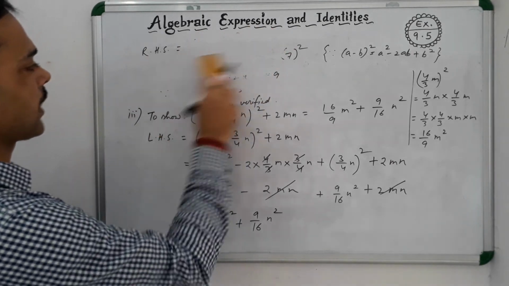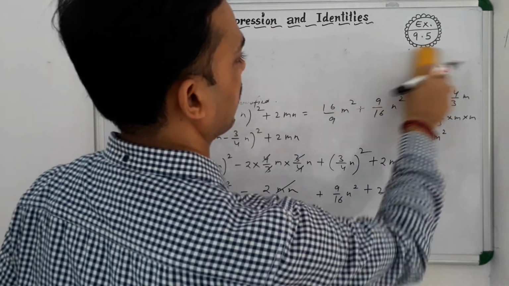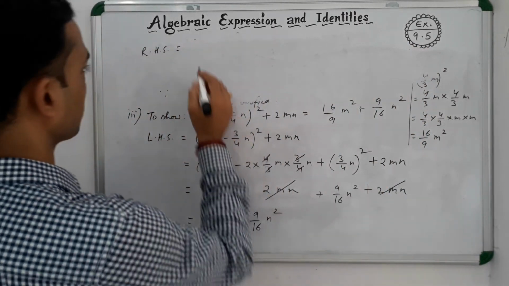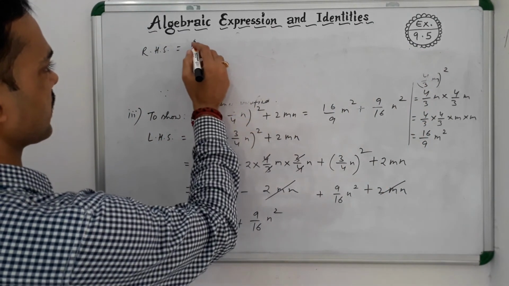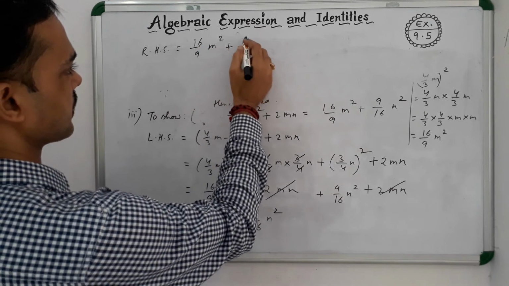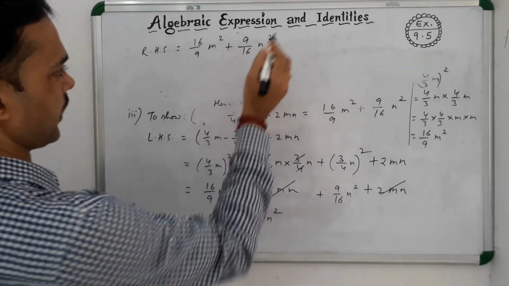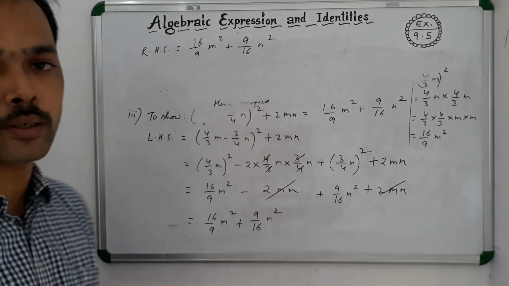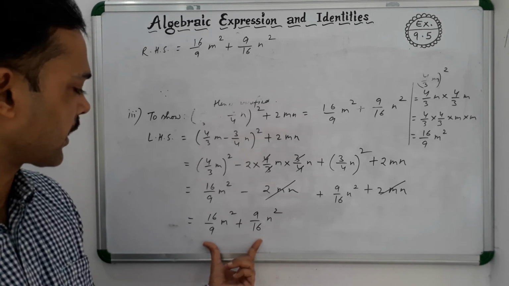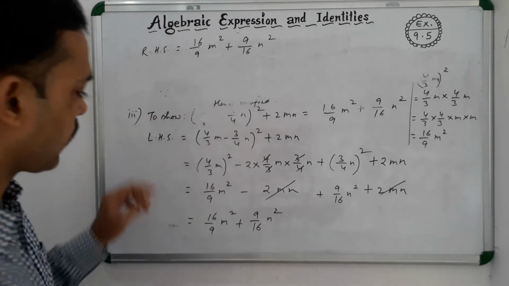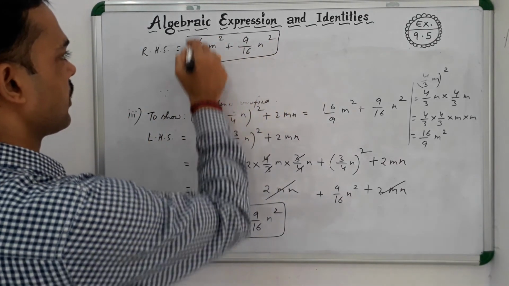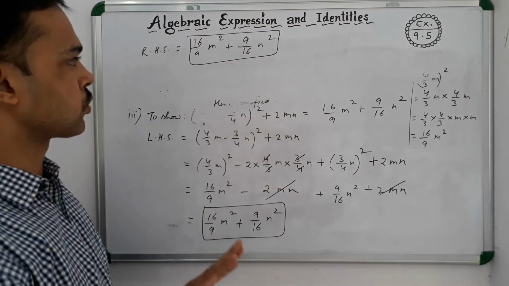In RHS the value is 16 by 9 m square plus 9 by 16 n square. There is nothing to do, because you already have got this over here, and what you are observing is that this already is equal to this. So we need not do anything in this.